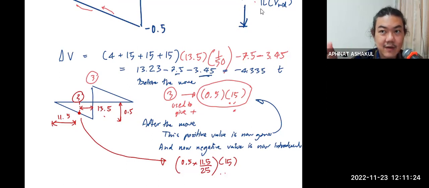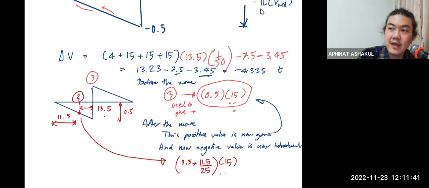Think about it. You used to have 10 baht in your wallet. It's now gone. So I'm asking you how much money has changed in your wallet. So you say minus 10, because your money in your wallet reduced by 10 baht. The same thing. You used to have a positive shear equal to 7.5. It's now gone. So the change of shear is minus 7.5.